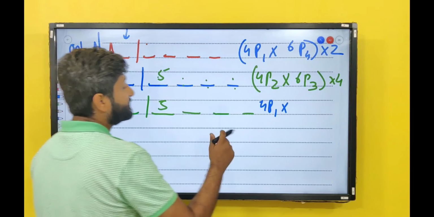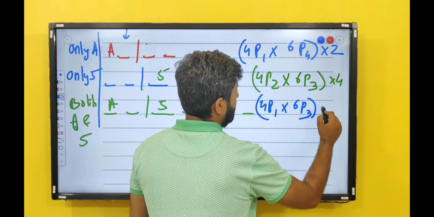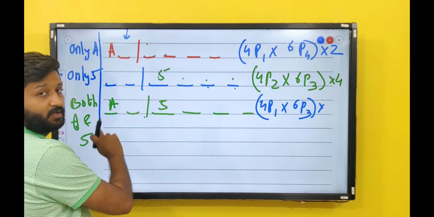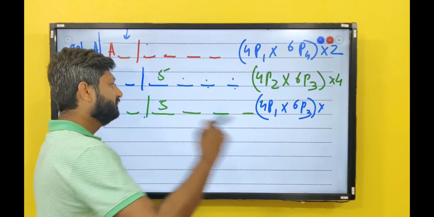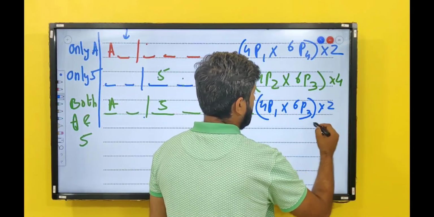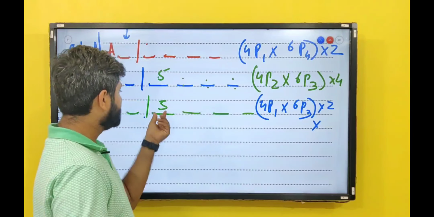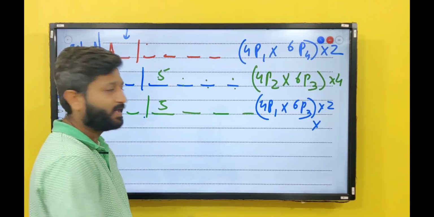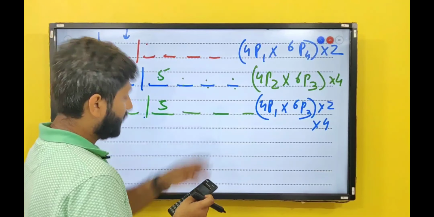I am available with 6 digits into 6p3 into 2, because it is not fixed that A will always be in the first position. It could be in the second position, and into 4, because 5 can also be this, and this. It can occupy any of the 4 positions. So into 4. So now let me add all of this.